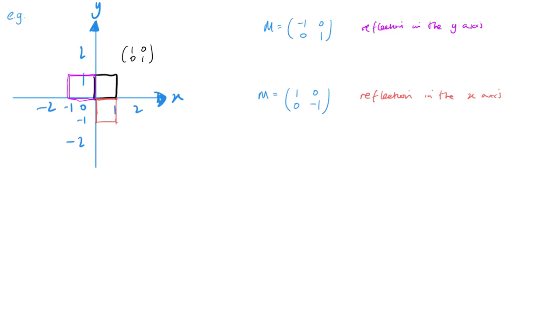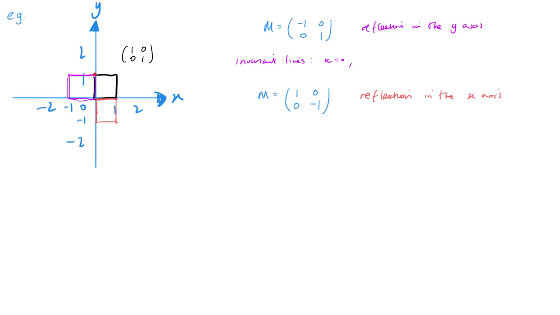Now let's talk about the invariant points and invariant lines. On this reflection in the y-axis, what are the invariant lines? x equals 0, otherwise known as the y-axis here.